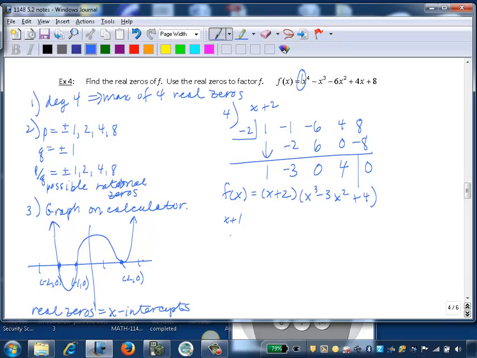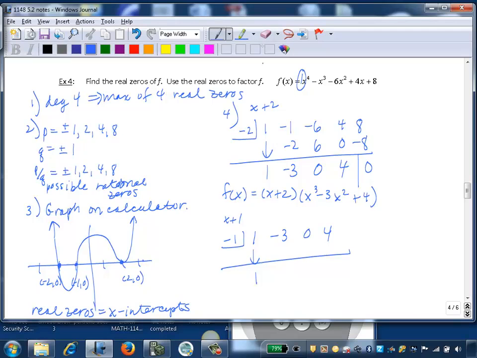So now notice, when we're doing our synthetic division here, we're not going back to the original. We're breaking it down. We're using the depressed polynomial because we know that if x plus 1 is a factor of this, that means it's also a factor of the original dividend. So I'm going to list my coefficients 1, negative 3, 0, and 4. So again, I'm not going back to the original. I'm breaking it down.